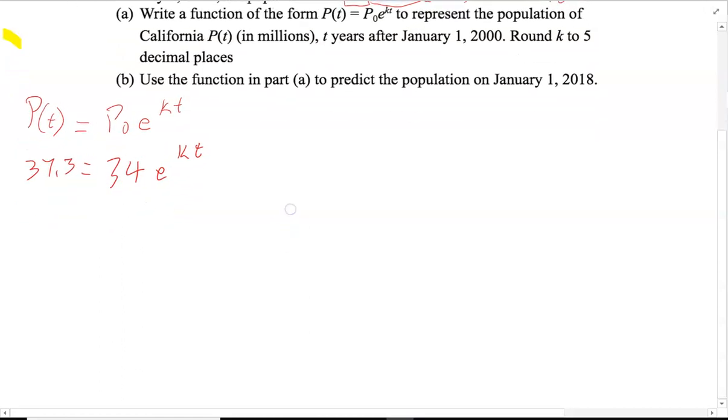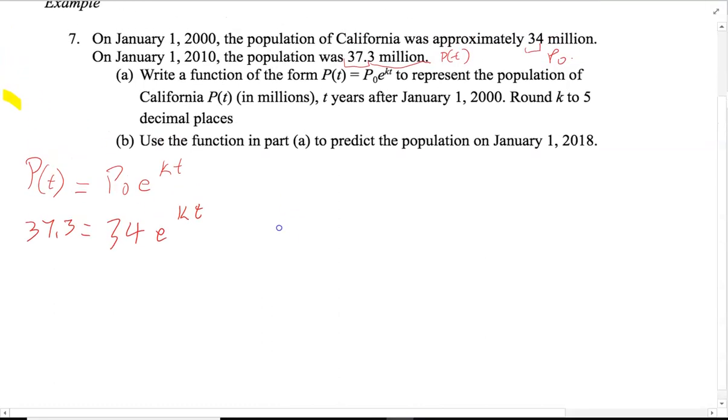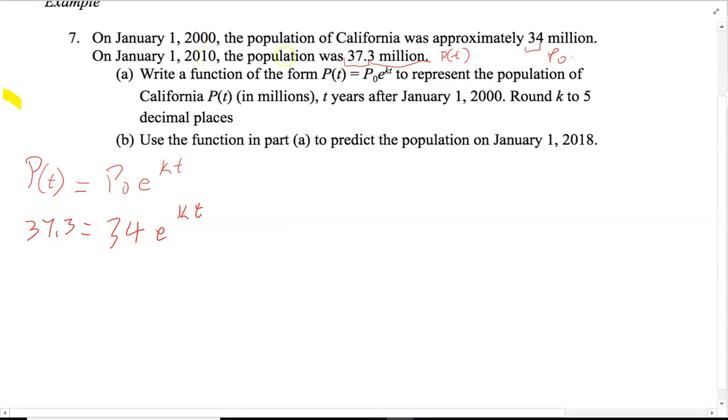And then we're trying to find k first of all. So t then would be 10 years. We said that t was 10 years from 2000 to 2010, so t is equal to 10 years. Let's plug in our t here as 10.